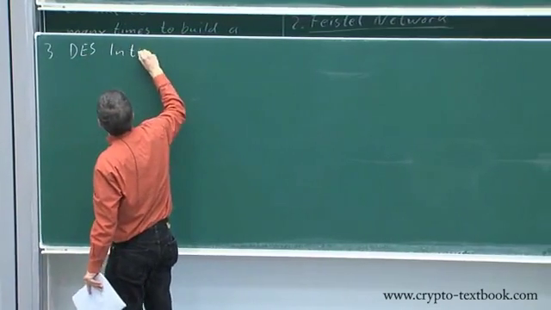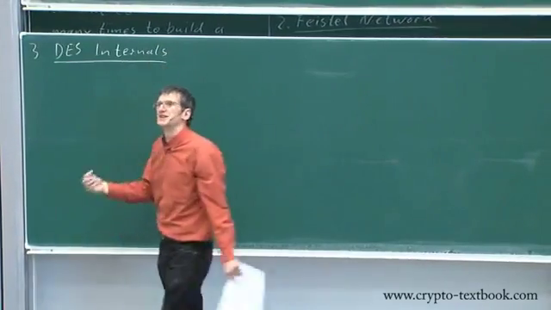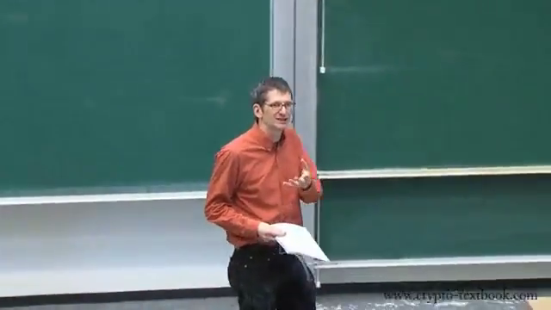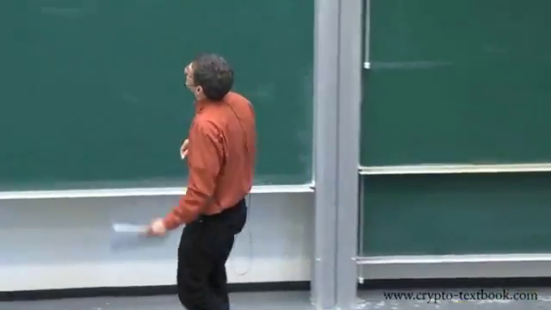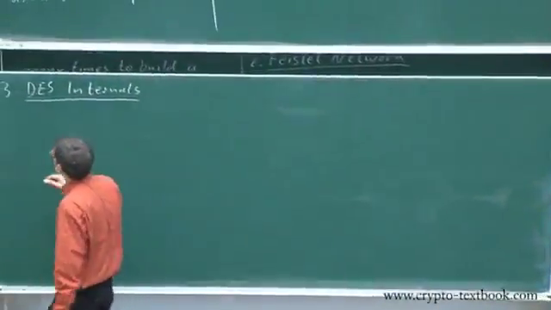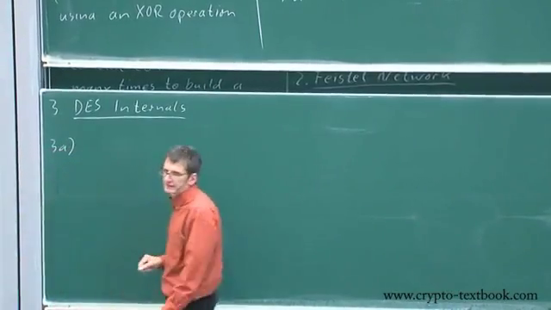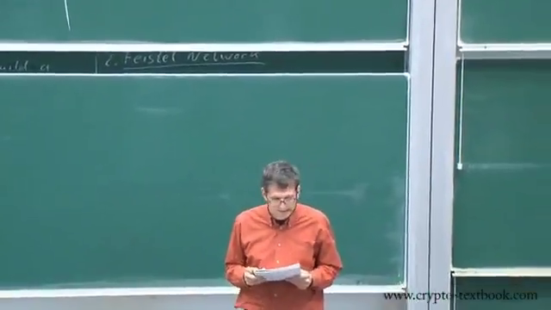And I called the details, I called that the internals, the Innenleben, right? It's a nicer word in German, the Innenleben of DES. How does DES look from the inside? And we have whatever 3 or so different levels here. So I start a sub enumeration, which I usually don't do, but I think it's helpful.